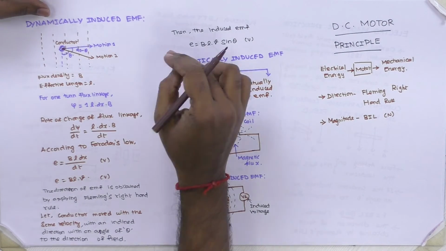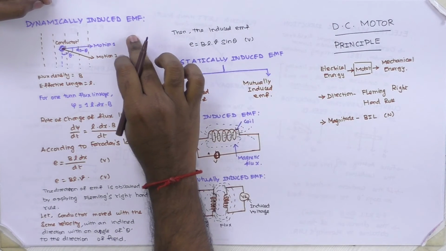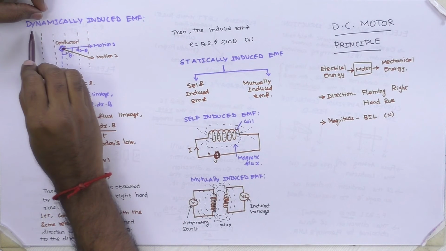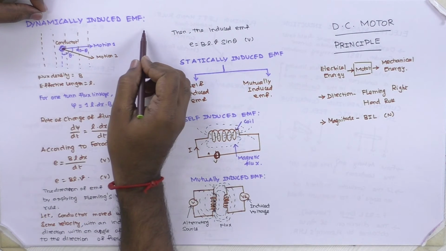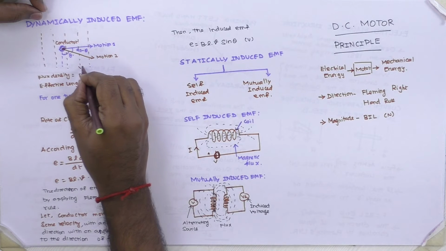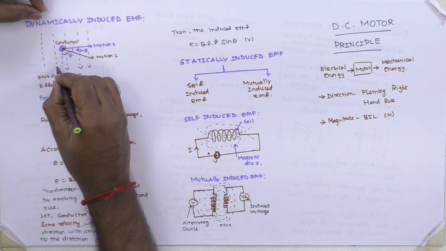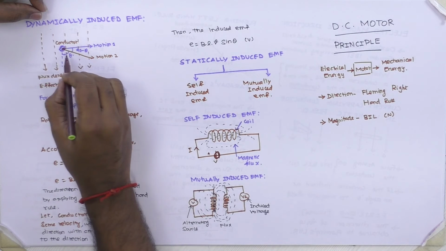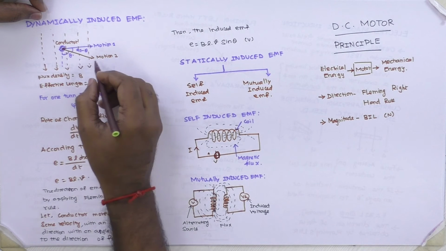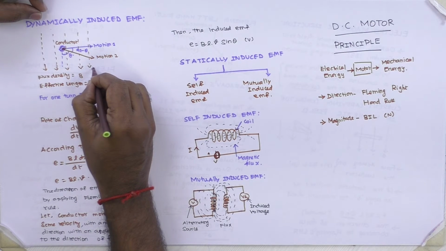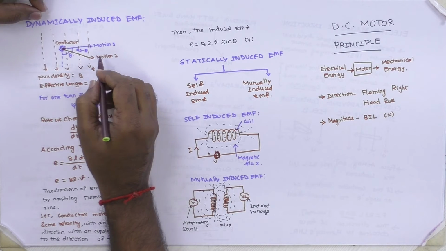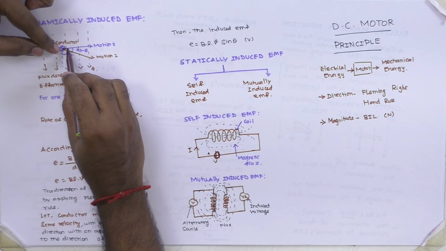So now we see each induced EMF separately. Now the dynamically induced EMF. This is the magnetic flux or magnetic medium, and this is the conductor. Here the magnetic field is constant or fixed and the conductor is moved.